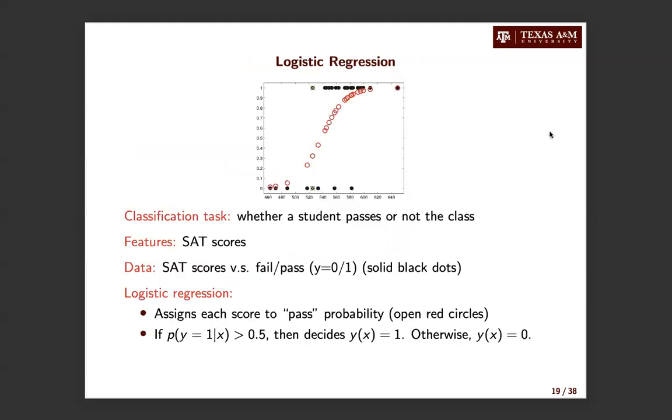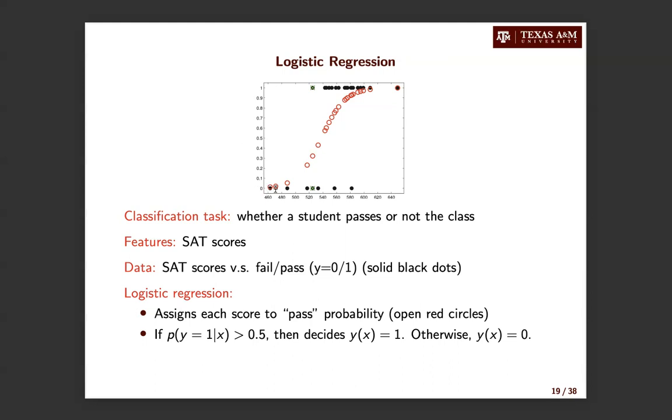Another example with which we can exemplify the logistic regression model is to model the probability of whether a student would pass a class or not based on their SAT scores. So on the x-axis here, we can see the SAT scores of multiple students, and on the y-axis we can see the probability of a student passing the class.